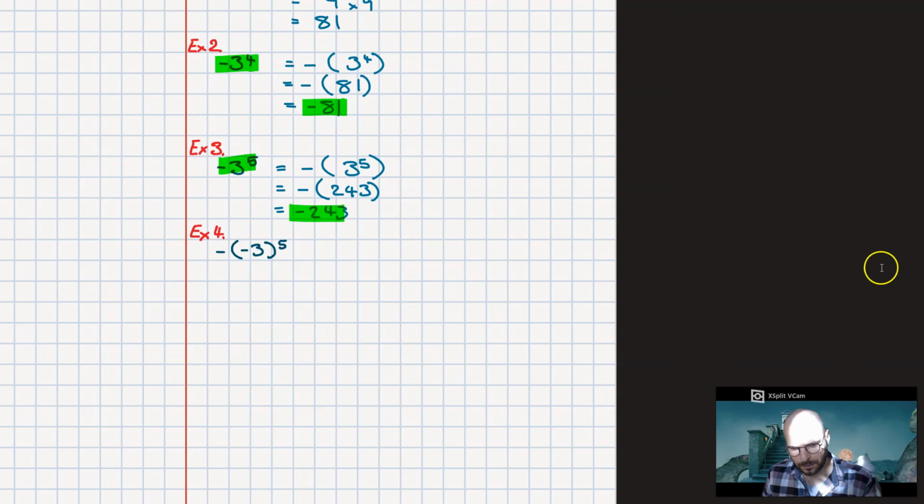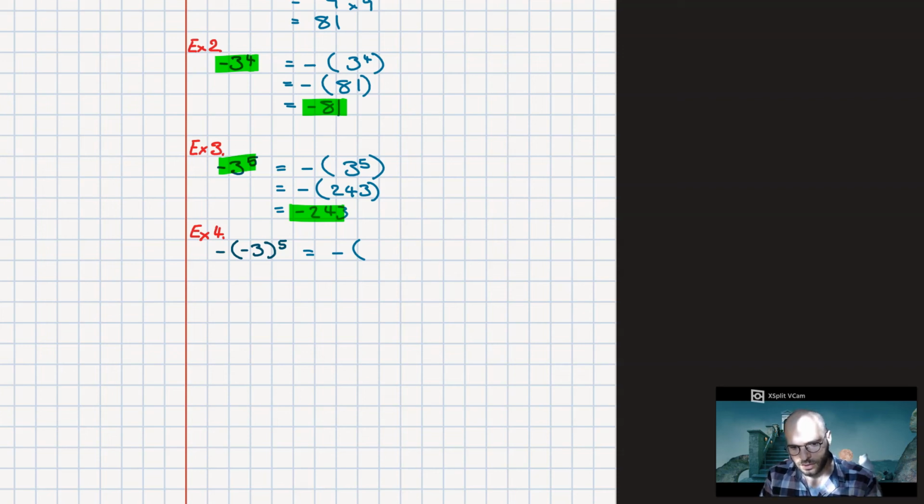Now finally, we're going to go the negative of minus 3 all raised to the power of 5. The minus will stay out front, but inside the brackets it's going to be minus 3 to the power of 5.